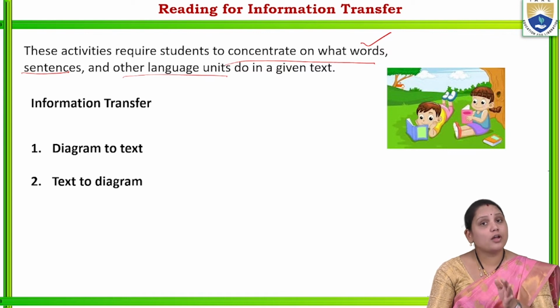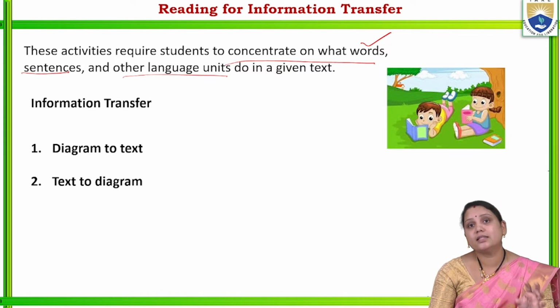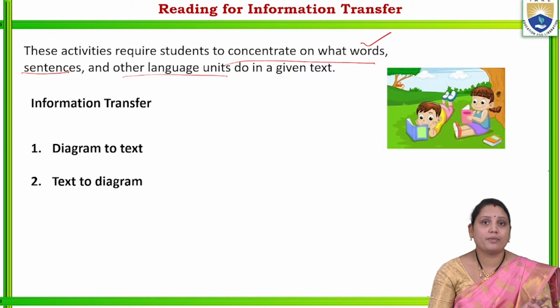But if you are not concentrating on these three things, it will be a problem. Your diagrams will not surely portray the information which you want to portray. So concentrate on the words, their meanings and the sentences before you transfer the information from text to the diagram.